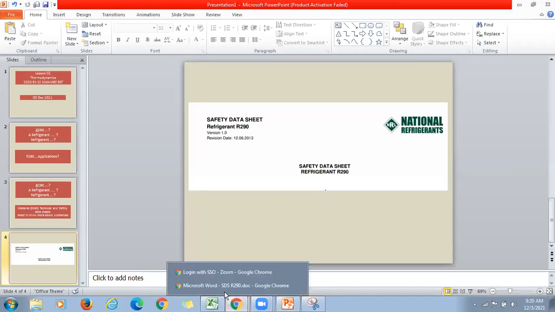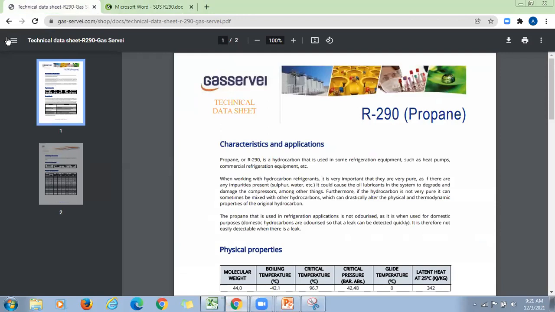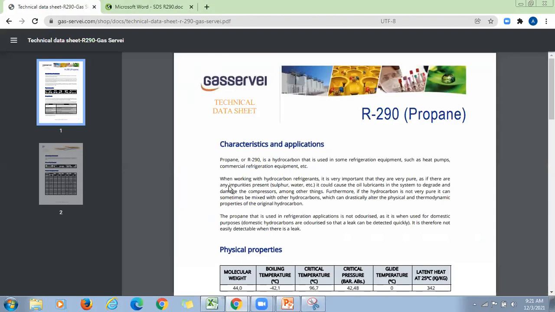Now I will look into technical data sheets in a similar way. You can get them the same way.